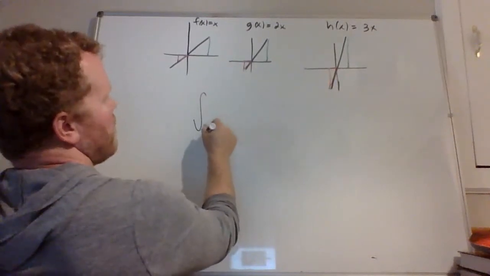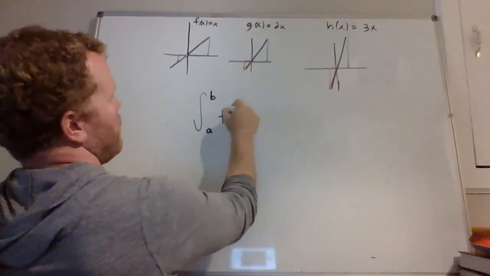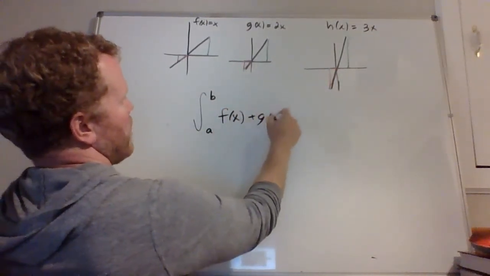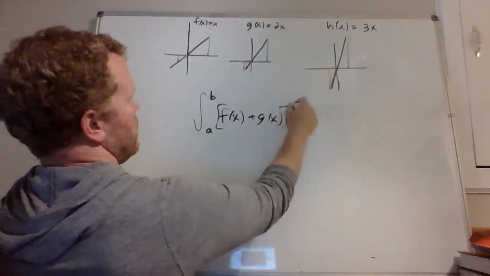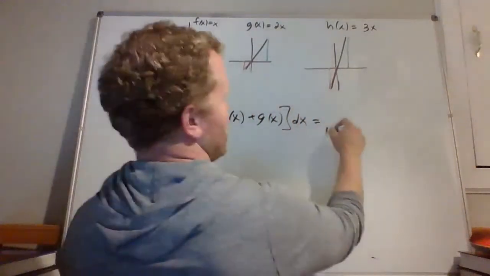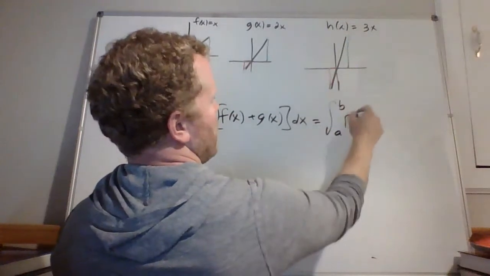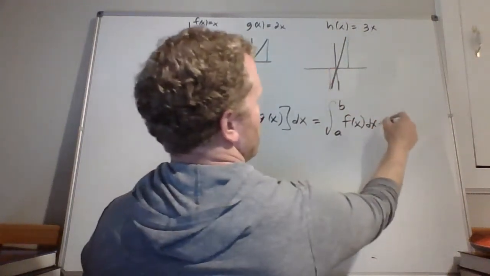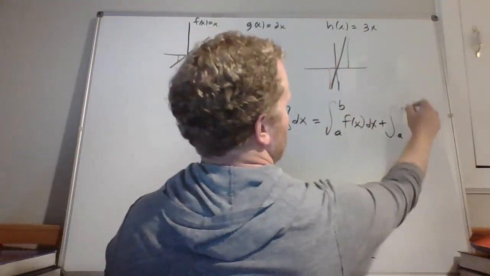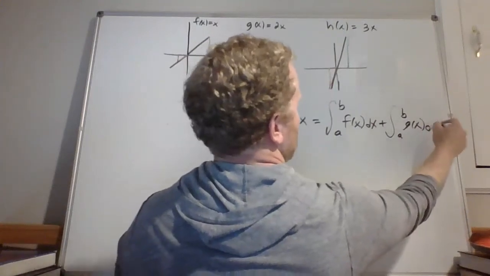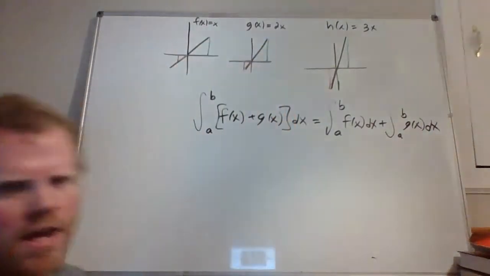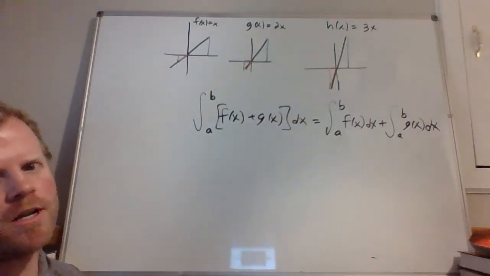That if we want to integrate from a to b some f of x plus g of x function, that's going to be the same as just doing a to b for f of x plus a to b for g of x. AKA you can split them up and do them one at a time.